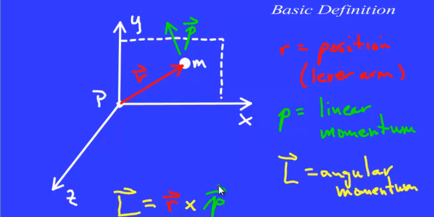It's a cross product. It produces a vector itself, right? Remember, the product of a vector is a vector. And so if you do the right-hand rule here, I would encourage you to stop right now and do the right-hand rule and see which way the angular momentum would point. Hopefully you'll get this result, which is that the angular momentum comes out at you, out of the plane of the paper. So we're going to define angular momentum as a cross product of r and p, the position vector and the linear momentum.